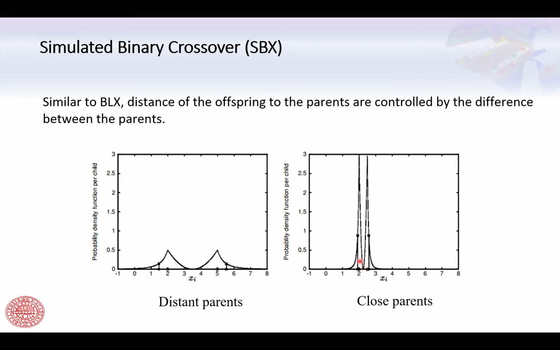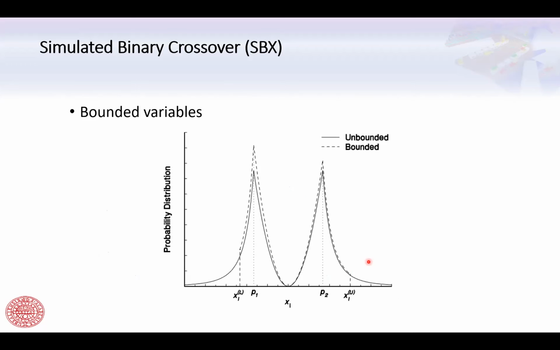Then of course, the chance that you select a value from this range will be much higher. So this is how you can control it: by the distribution index parameter. What you cannot control is the convergence, which comes later when the solutions get closer together.